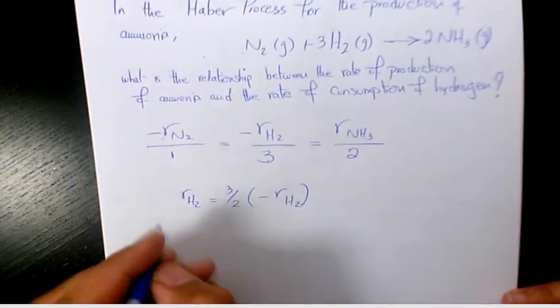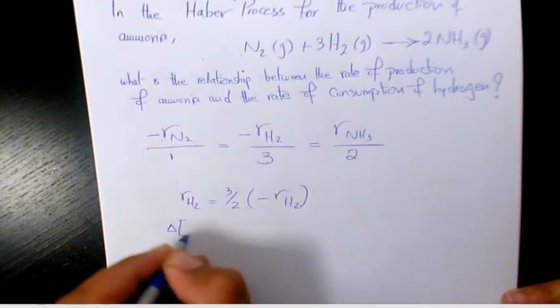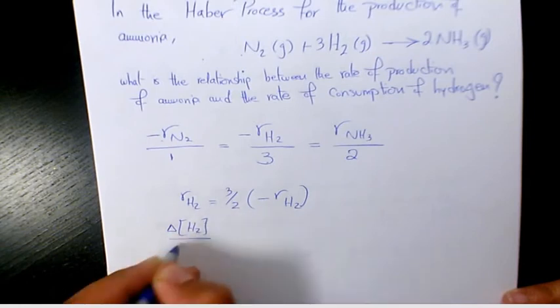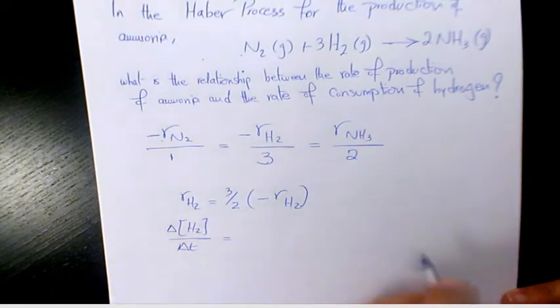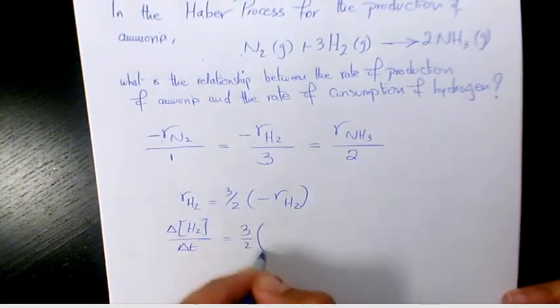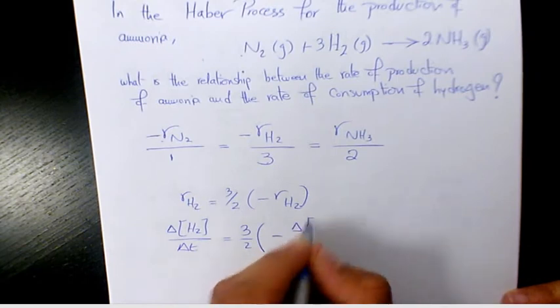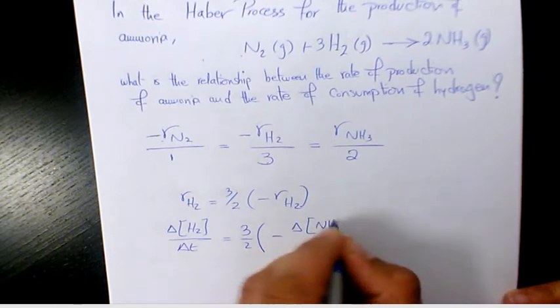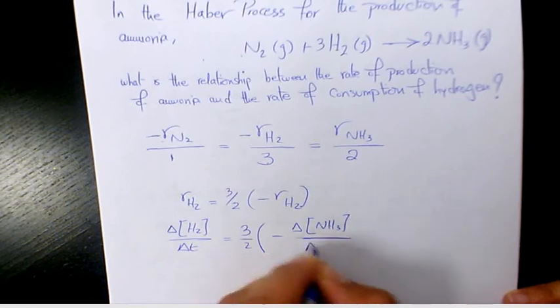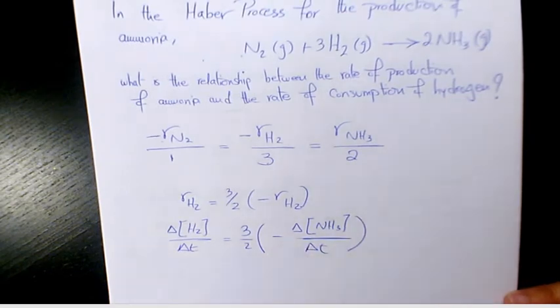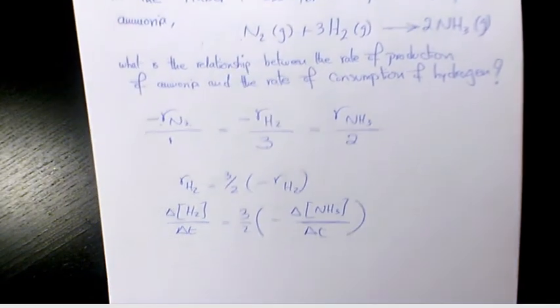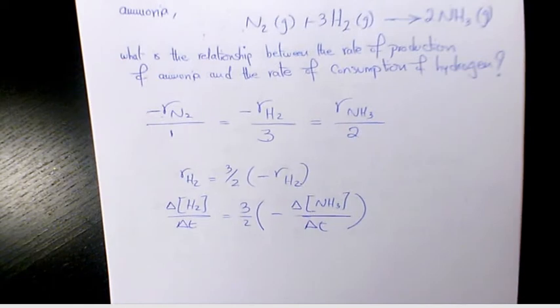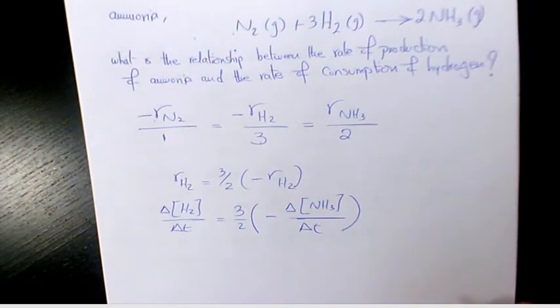Or you can say the change in concentration of H2 over time equals 3 over 2 times the change in concentration of NH3 per change in time. So basically that's going to be the relationship between the reaction rate of consumption of hydrogen and the reaction rate of production of ammonia.